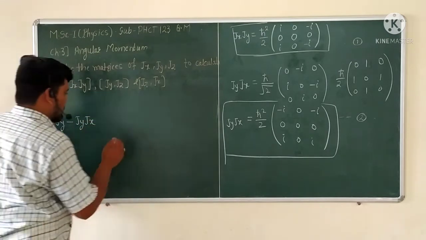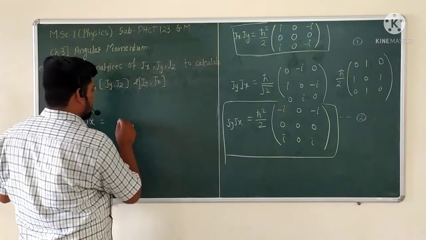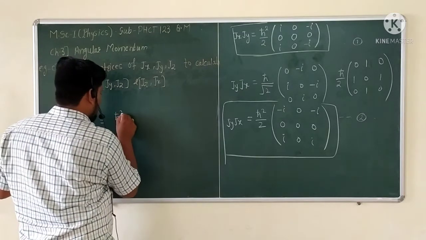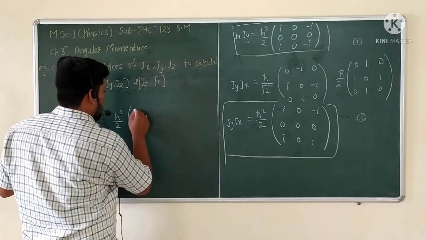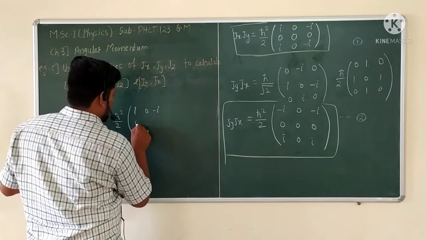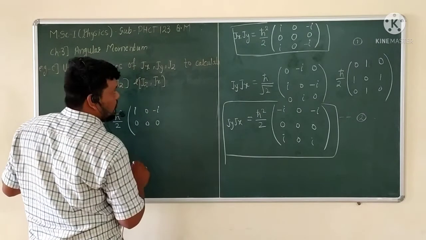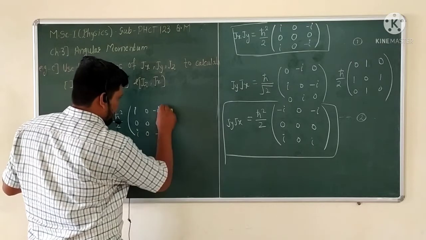So Jx Jy is nothing but ħ² divided by 2 in bracket of i 0 minus i, 0 0 0, and i 0 minus i.